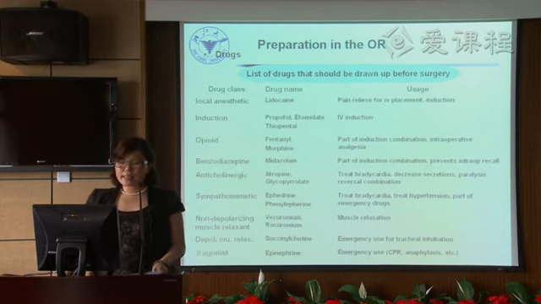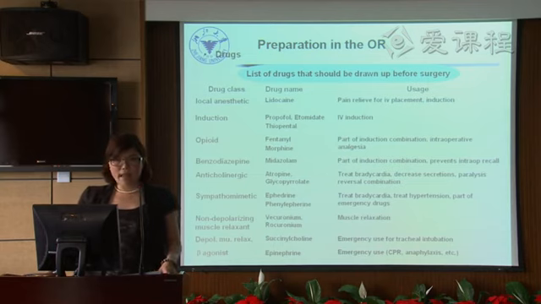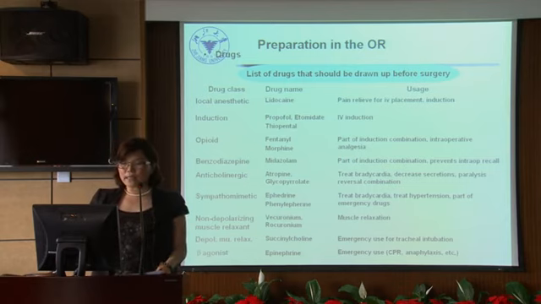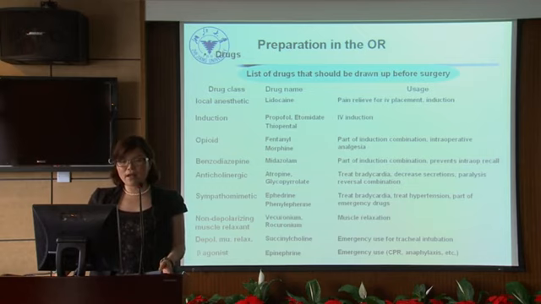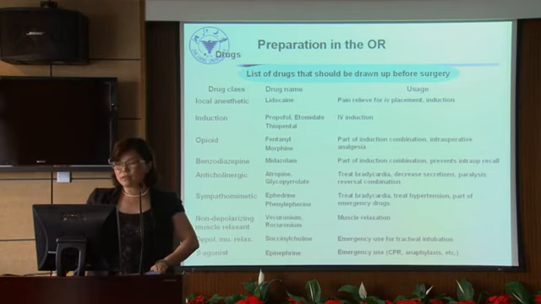And these are the drugs we should prepare before our anesthesia starts. A list of the drugs, for example, we should prepare local anesthetics, for example lidocaine, for pain relief or for induction.